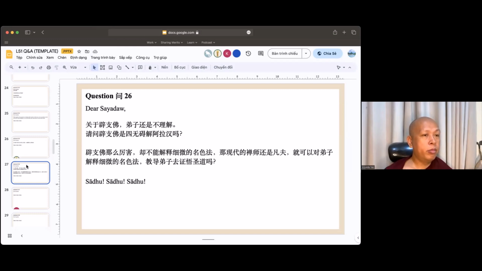But the Kammatthana teachers nowadays, they are puthujjana, but they can still explain to their disciples the subtle Nama and Rupa Dhamma, and also guide the disciples to attain Magga Phala. Actually, you also understand again, right?